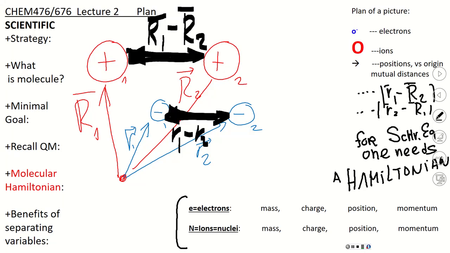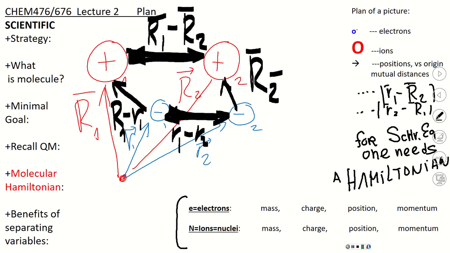I didn't put the absolute value yet. So this one will be R1 capital minus R1 lowercase. This one will be R2 uppercase minus R2 lowercase.